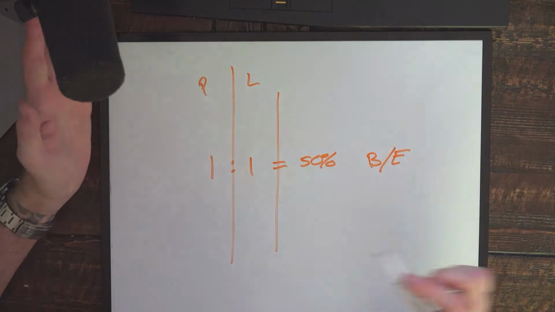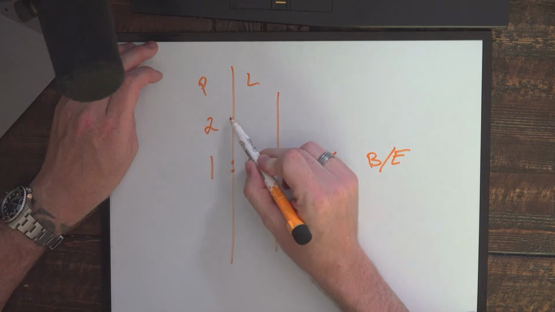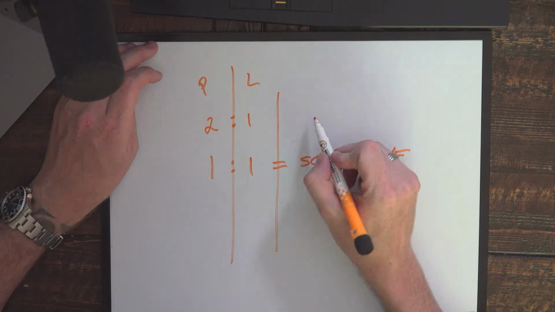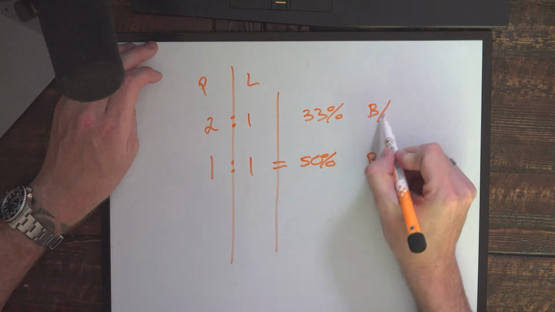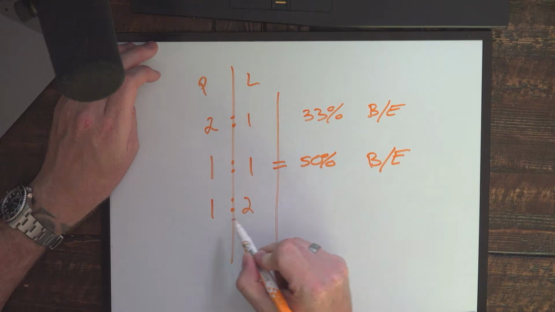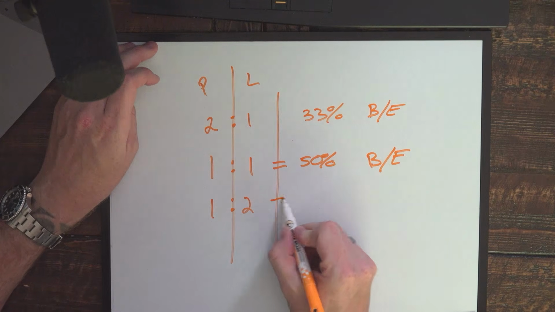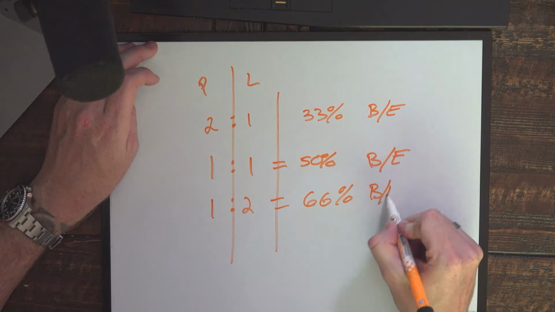That makes perfect sense. Now, if your winners are 2 to 1, you actually only need to be right 33% of the time in order to break even. But if your winners are 1 to 2, meaning your losses are twice as big, you actually need to be right 66% of the time just to break even.